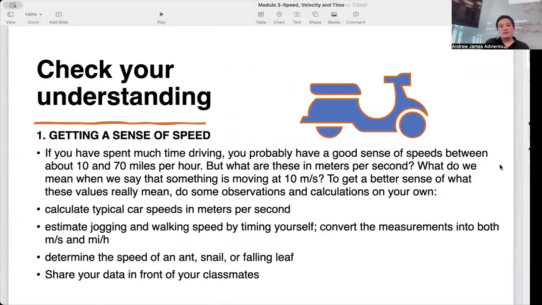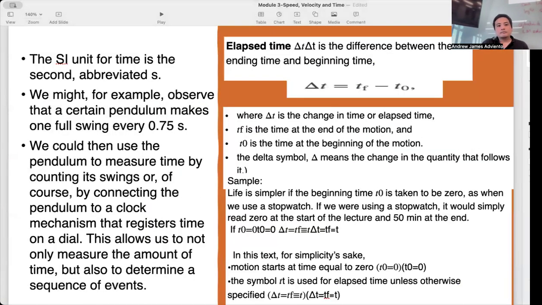The elapsed time is represented by a triangle and then t. This is the difference between the final time and the initial time. The delta symbol means change in. To make calculations simpler, we often assume that motion starts at time 0, especially when using a stopwatch.